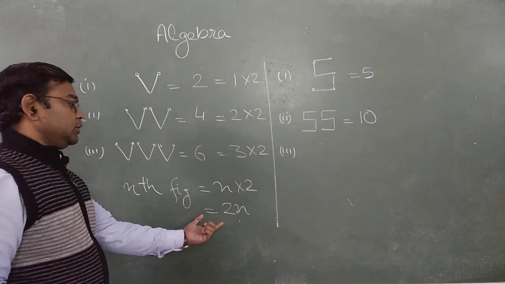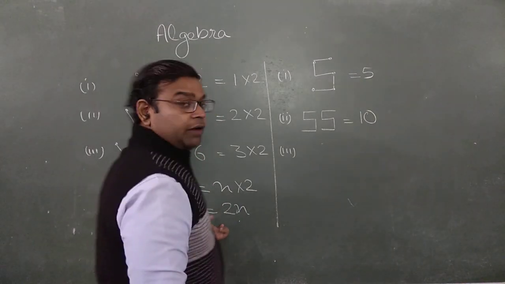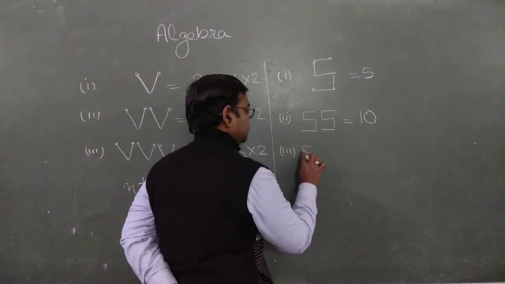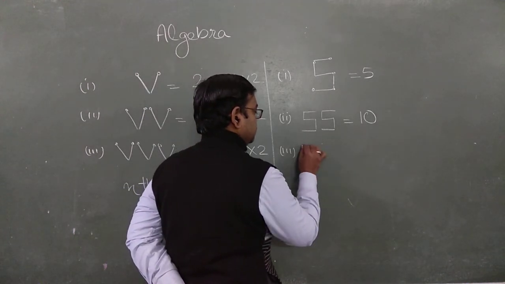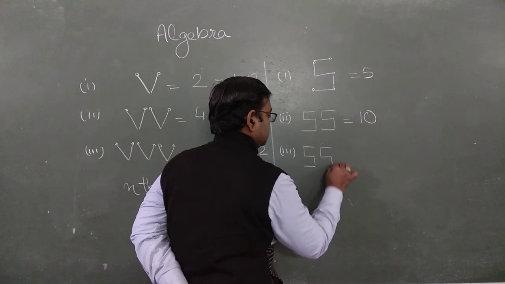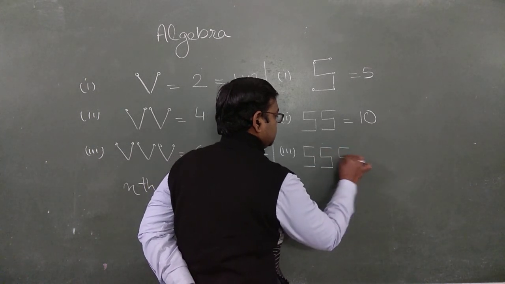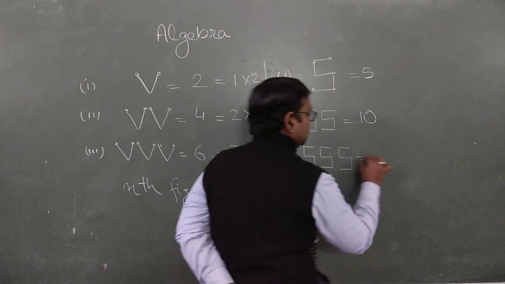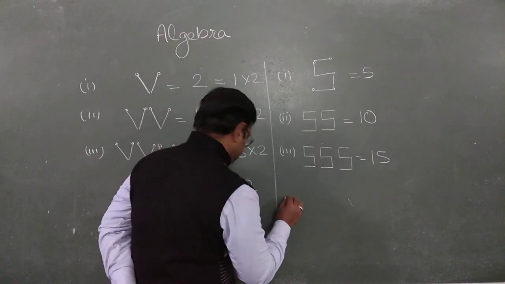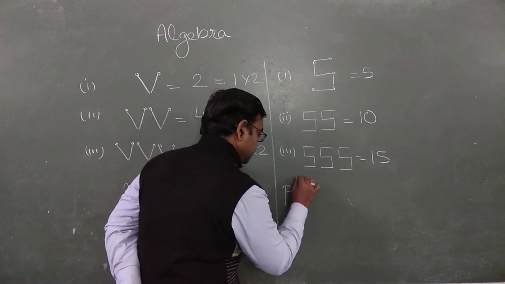This is known as a general term or formula for finding the number of matchsticks. Here we have 15. So for the pth figure, I am changing the variable.